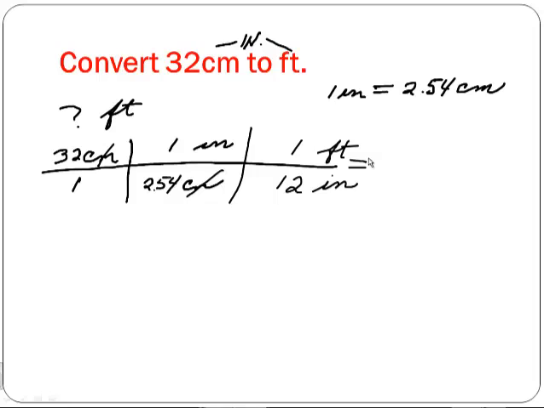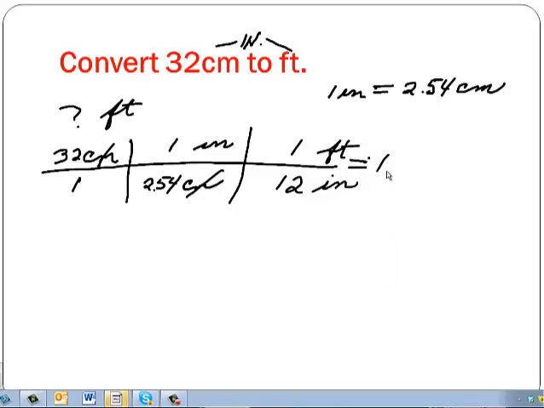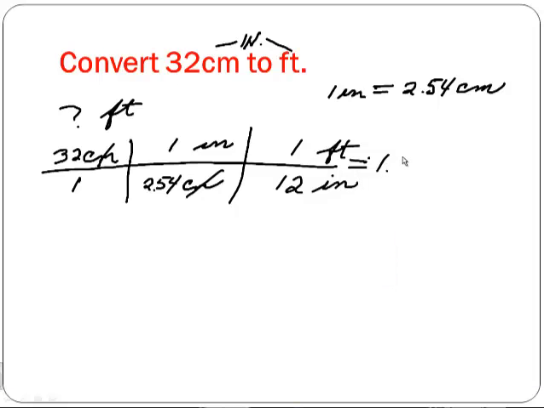32 divided by 2.54 divided by 12 is equal to 1.09. Is that correct? 1 point, and my calculator says 1.0498688.